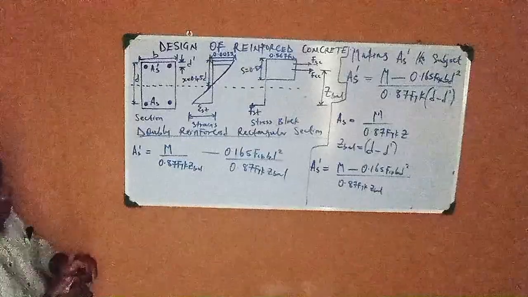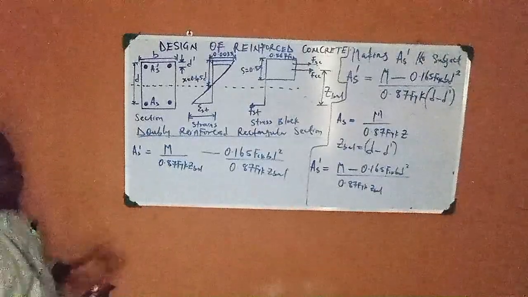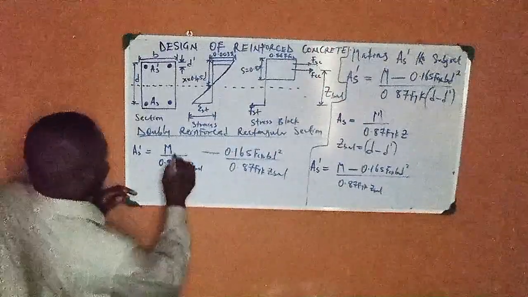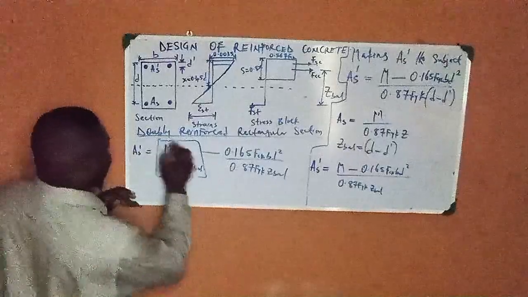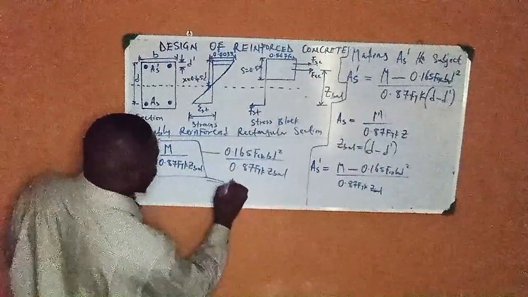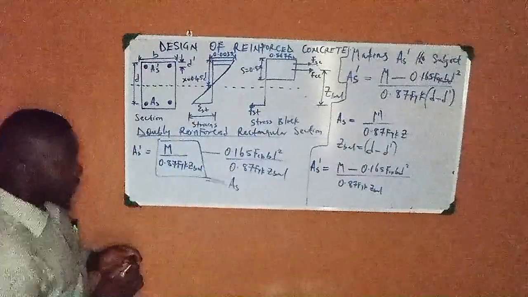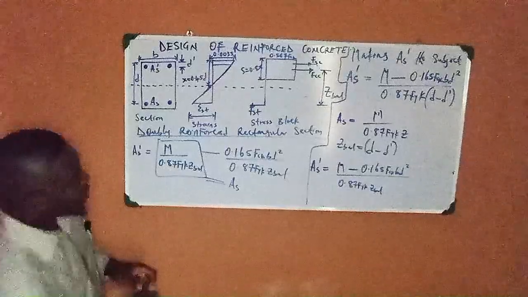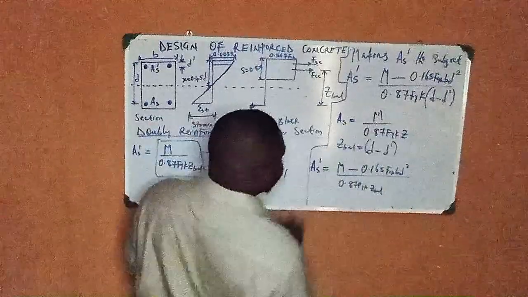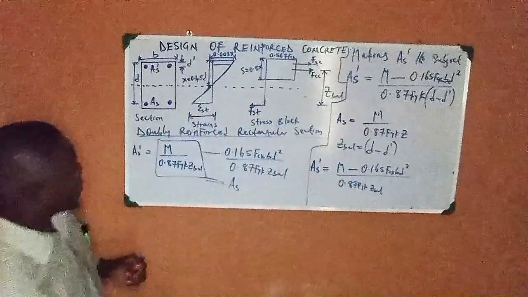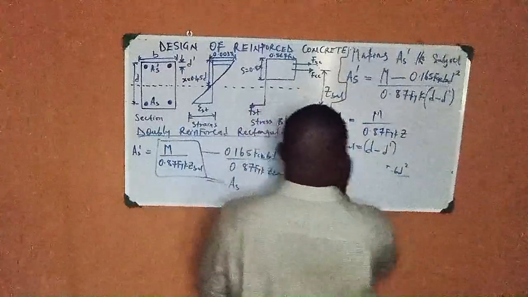Yeah, this is what it means. Simplification. So now I can substitute everything here as equal to the area of steel As, because that's what it is. If you compare this to this, that's the same. That's it. So I will now have that.